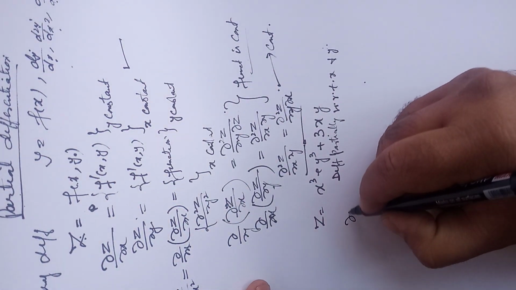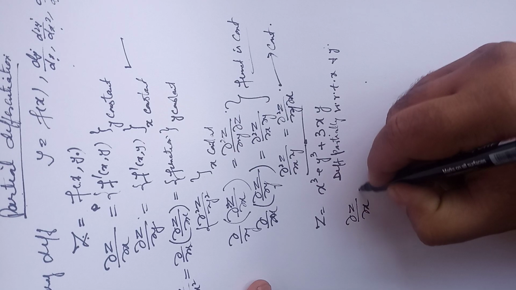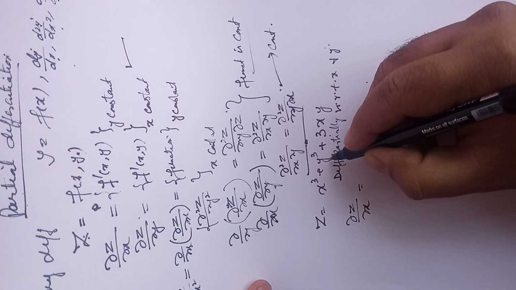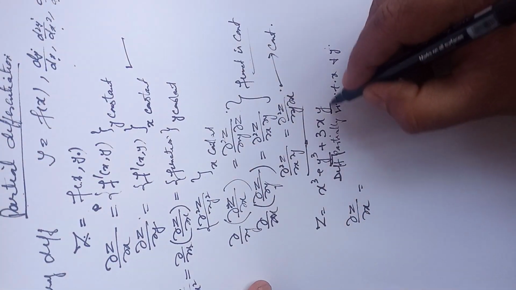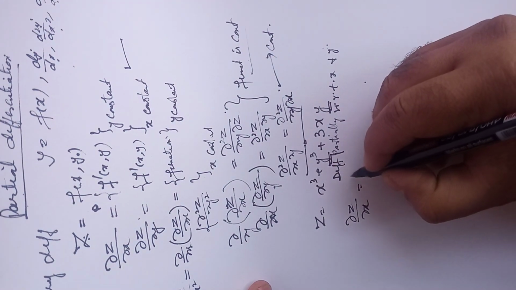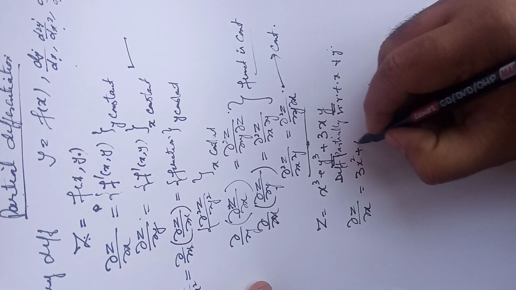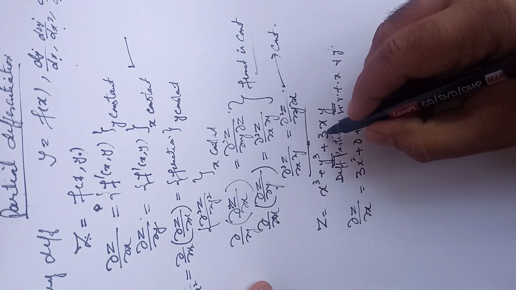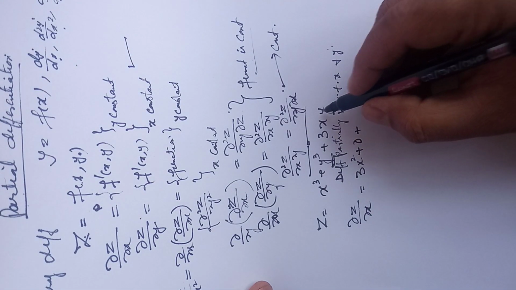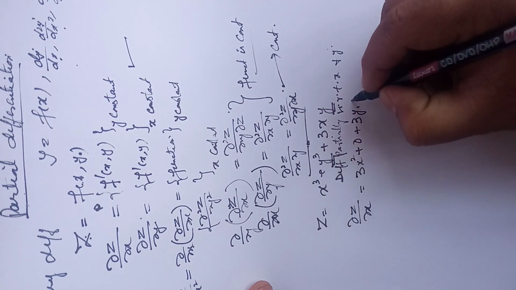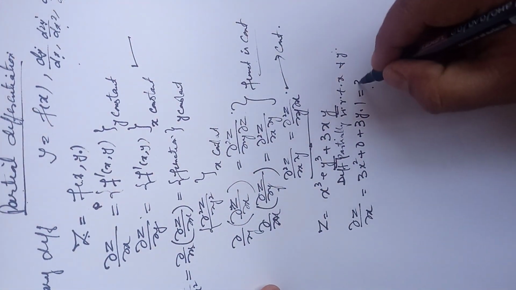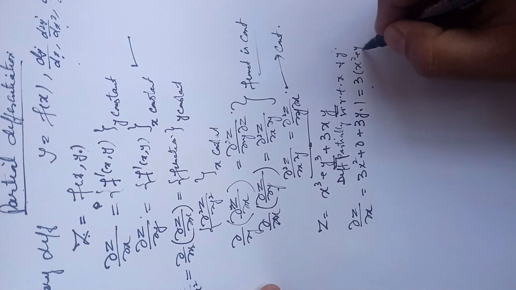Now let me differentiate first partially with respect to x, del z by del x. With respect to x, you have to treat y constant. Y cube is constant. So this is x cube means 3x square, y cube means 0 because this is constant. Now 3 is constant, y is constant, and derivative of x is 1. So the derivative is 3 times x square plus y.